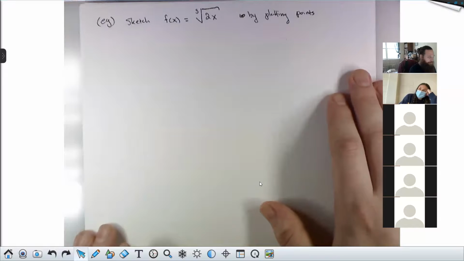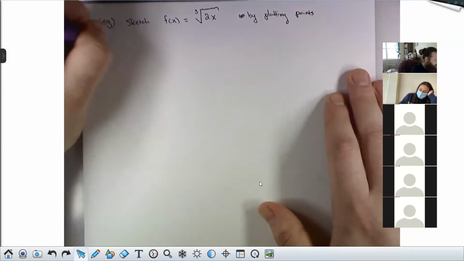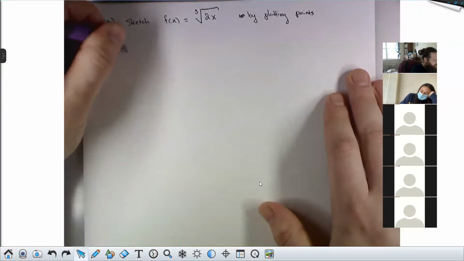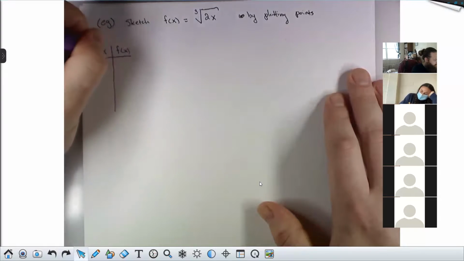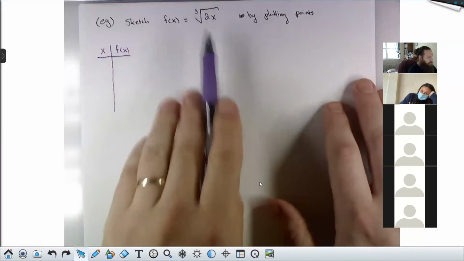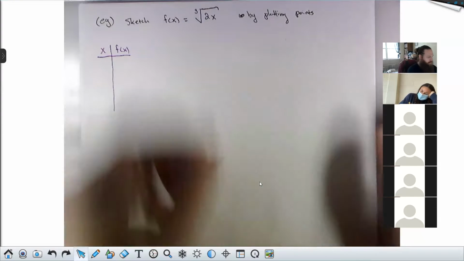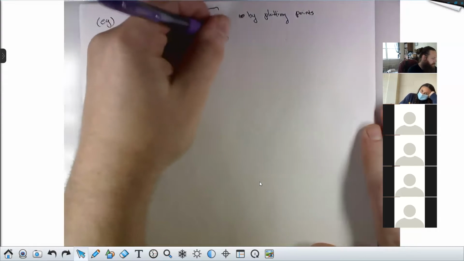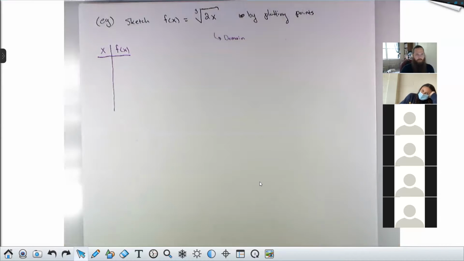All right. So again, plotting points this time, just making a table. What's the domain of this function? Does this function have any domain red flags?